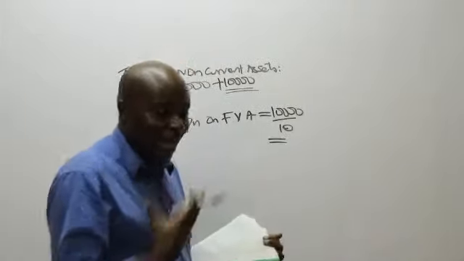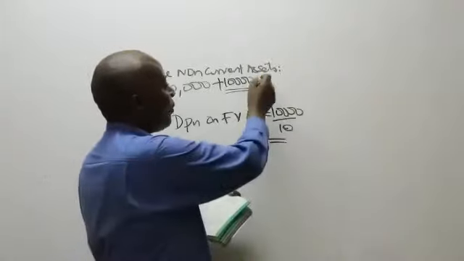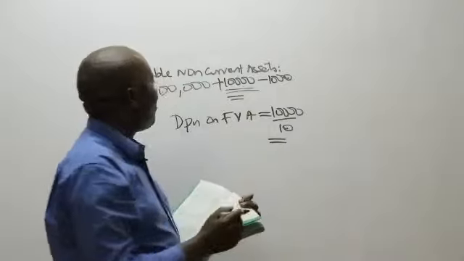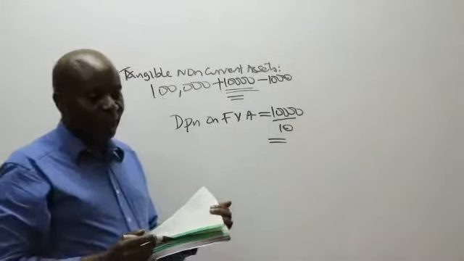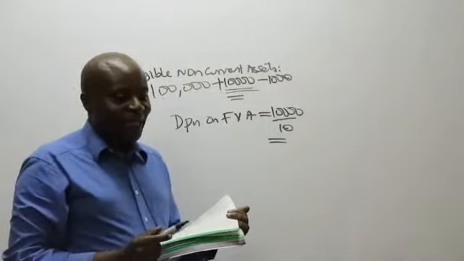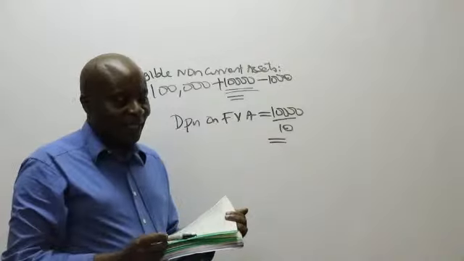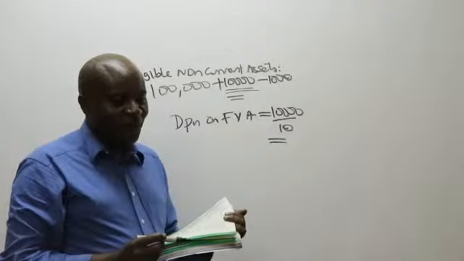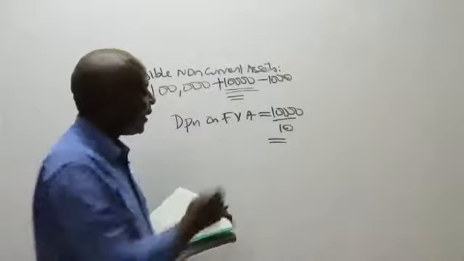So remember, these are reduction in value. So if it's a reduction in value, I'll come and say minus 1,000. Somebody, 100,000 plus 10,000 minus 1,000 will give me what figure? Abracadabra. 109,000. Thank you very much.